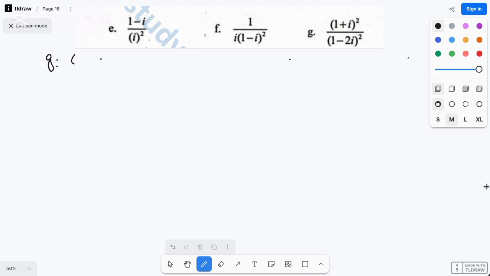Section G, 1 plus iota whole square divided by 1 minus 2 iota whole square.